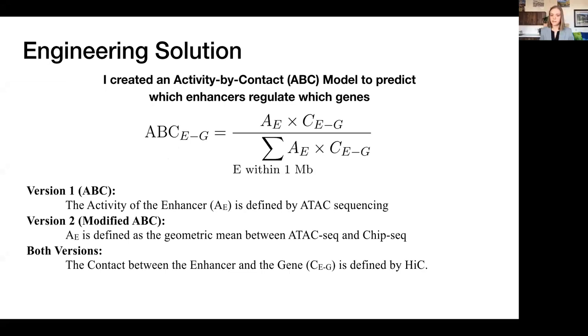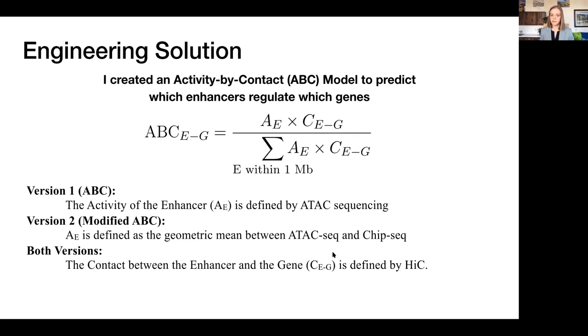Yeah, that's a good question. I only created 2 versions of the ABC score, partially because the processing time was very long. I used a geometric mean because that is what was suggested in Fulco et al.